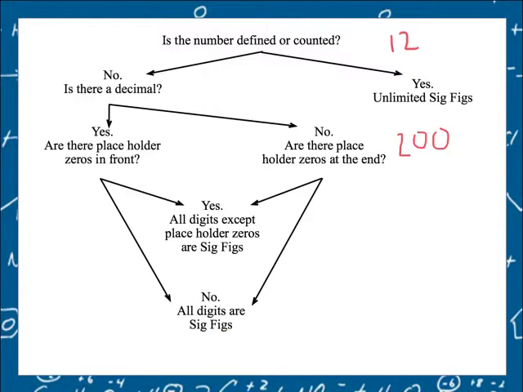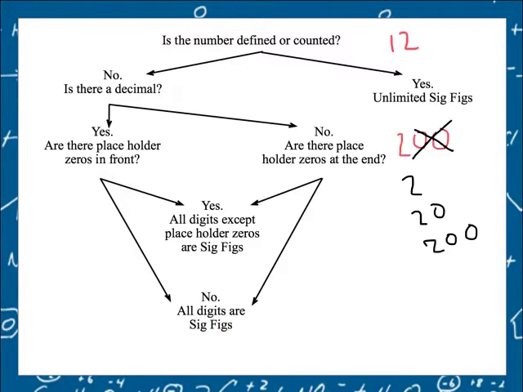If there are not any placeholders at the end, then you count everything. So basically, you want to avoid counting placeholder zeros. These are not significant figures. They're important because they tell you the difference between 2 or 20 or 200. Those are important. They're just not measured values in this case.